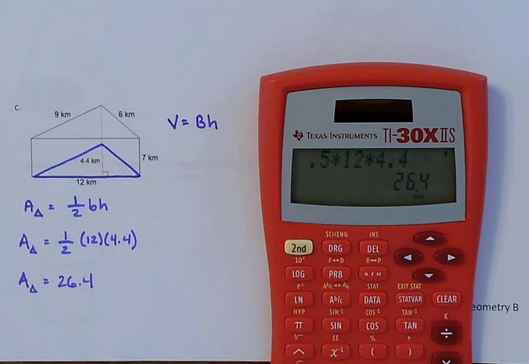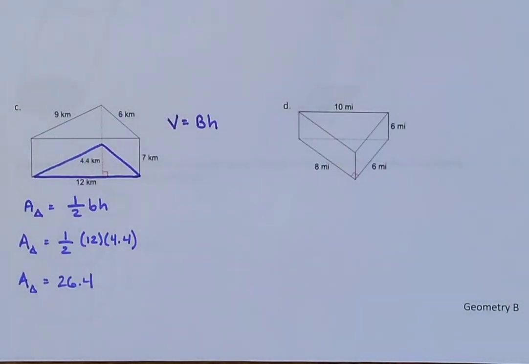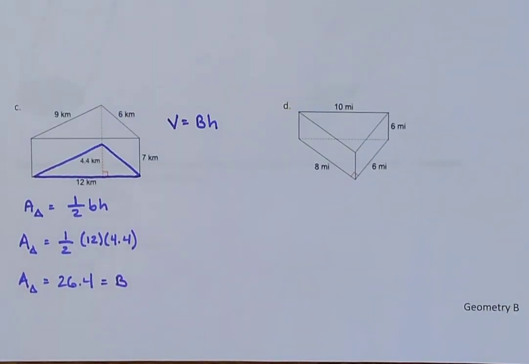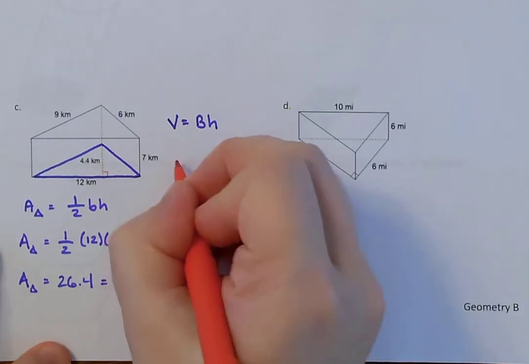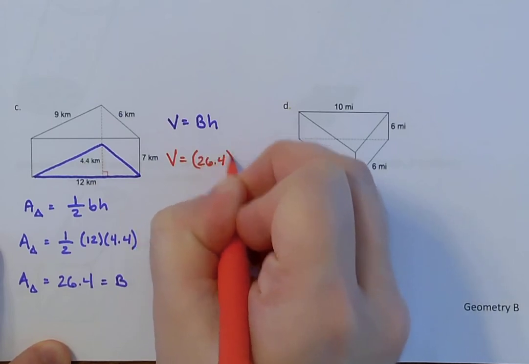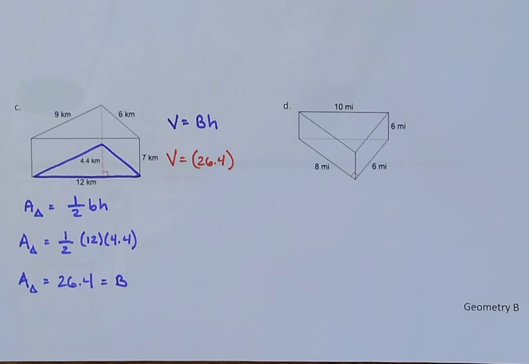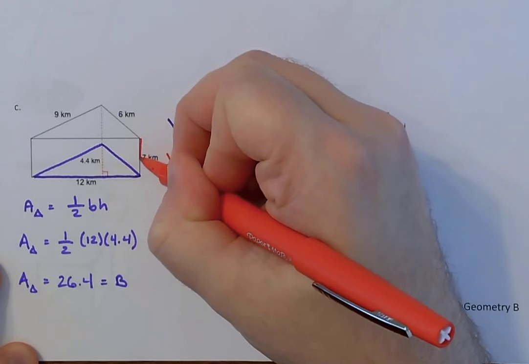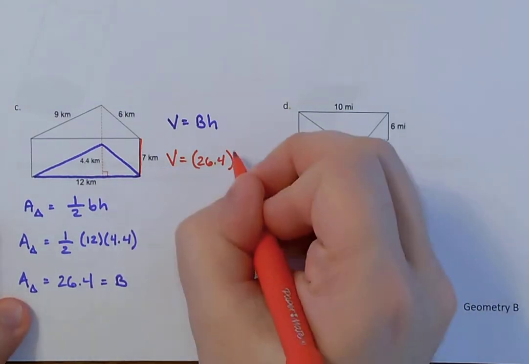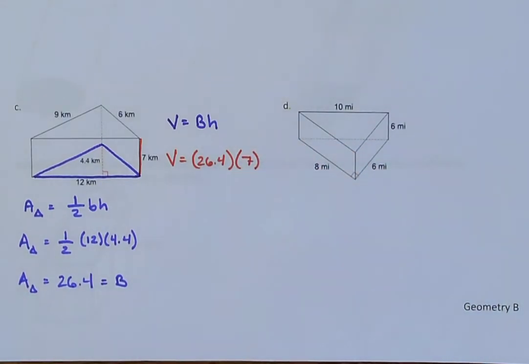So that is the area of the triangle, which tells us the area of the base, that capital B. So this also equals capital B. From there, to figure out the volume, I now know my area of the base, 26.4. I then want to use the height of this prism. And the height of the prism, again, we're going to use the rectangle sides to help us. That, in this case, is 7. So the height of this prism is 7.